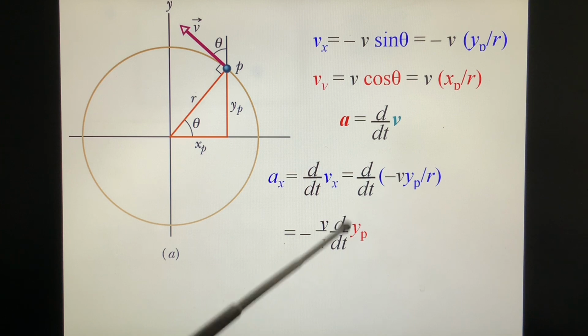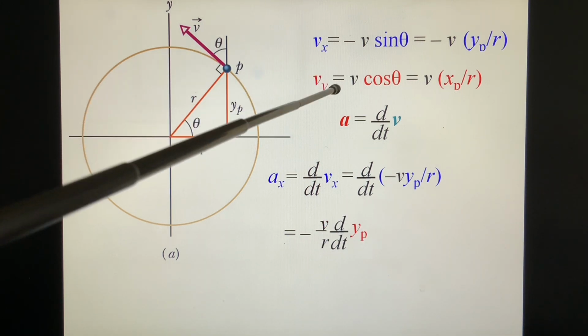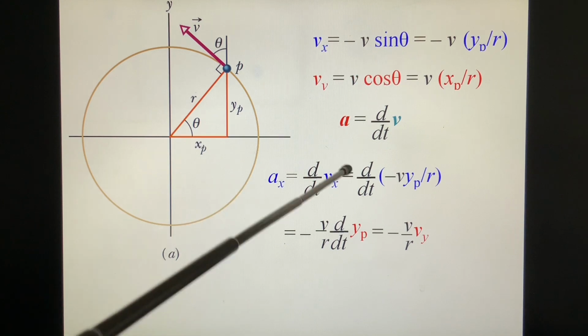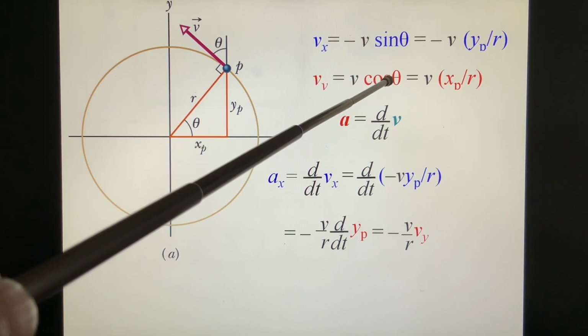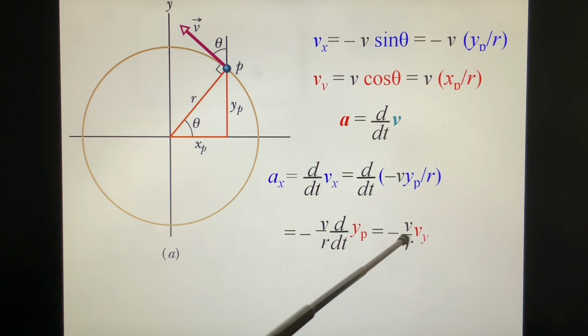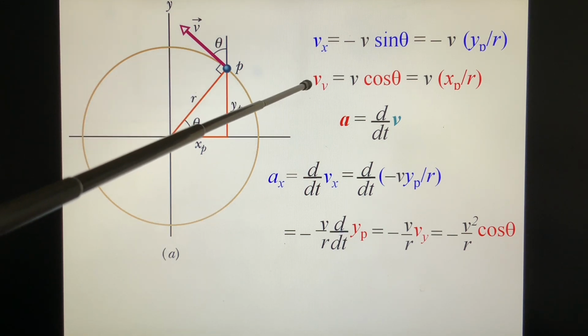What is this? This is vy, right? And what is vy? It is v cosine theta. So putting in v cosine theta, we get minus v squared over r cosine theta. Next, we see ay. Ay equals dvy/dt.